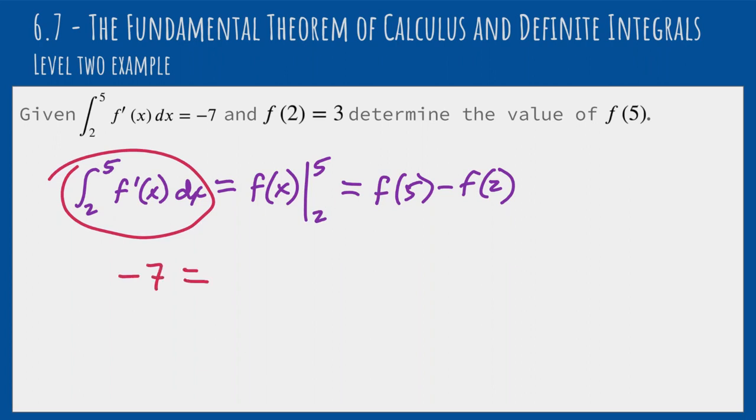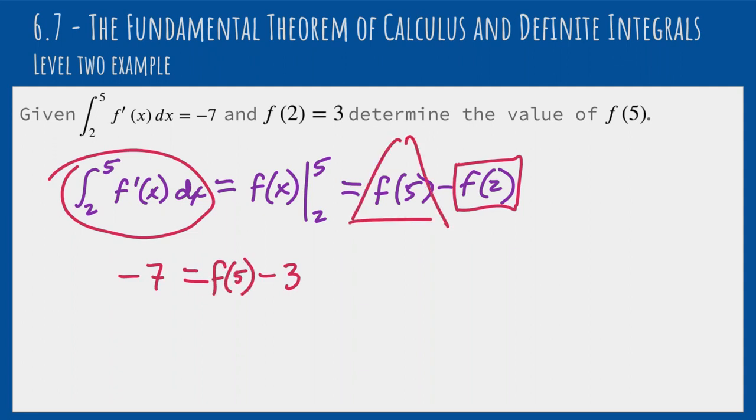We know that this is 3, and we're looking for this. So I'm going to just leave that in there because we don't know what it is yet. And then to evaluate f of 5, we add 3 to both sides of the equation, and we get -4.